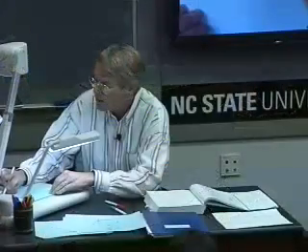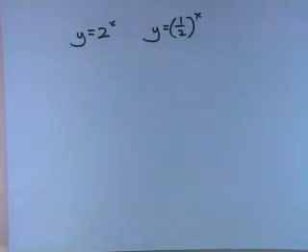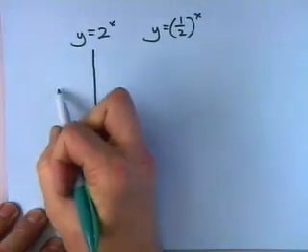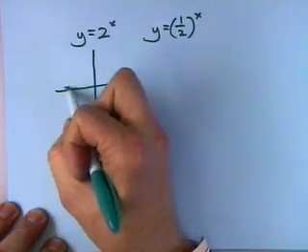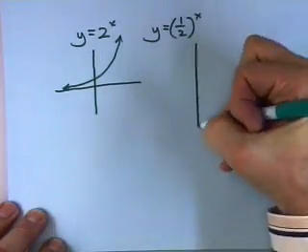So we know what this looks like. How about 1/2 to the x? So we've got this guy right here. We just sketched it. Roughly looks like that. How about 1/2 to the x?